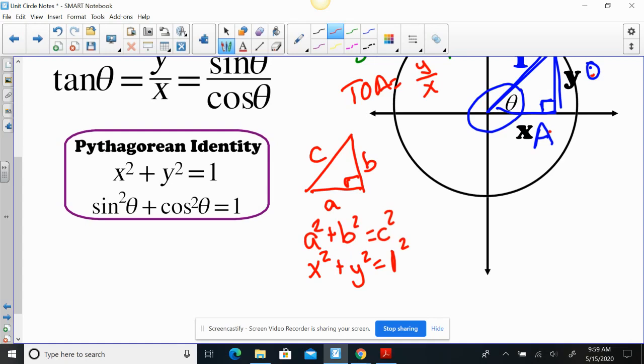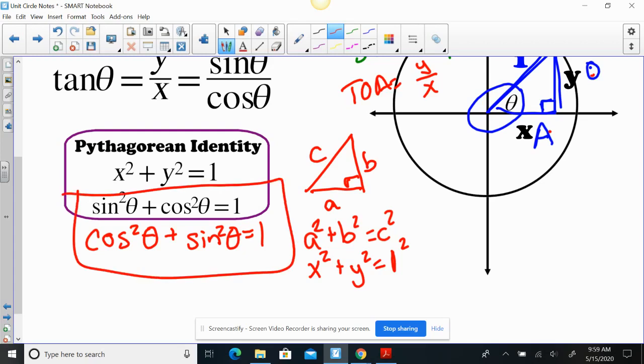This should, if I started with x, really say cosine squared theta plus sine squared theta equals 1. But you will see it in both of these ways. And in pre-calc, those of you going there, you will do a lot with trig identities. So this trig identity is called the Pythagorean identity. So I just wanted to show you that.